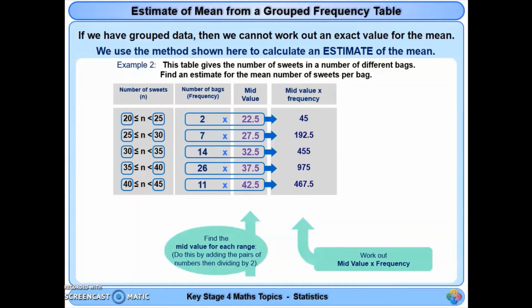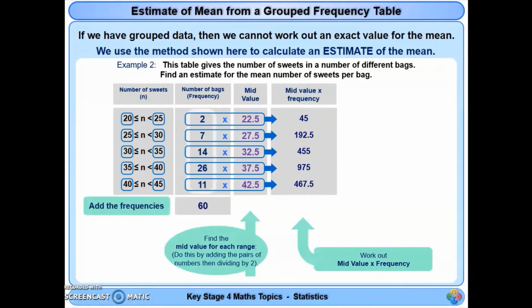Okay, so now if I take the total of this column here, I'm going to get how many bags of sweets there was altogether. And if I take this value here and add them together, I'm going to get an estimate of the total number of individual sweets contained within these bags.